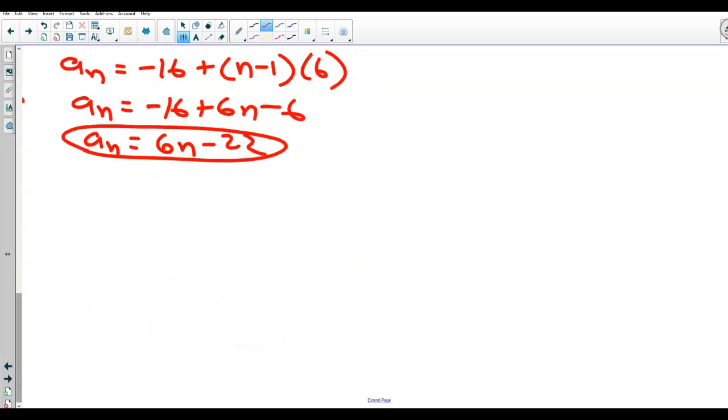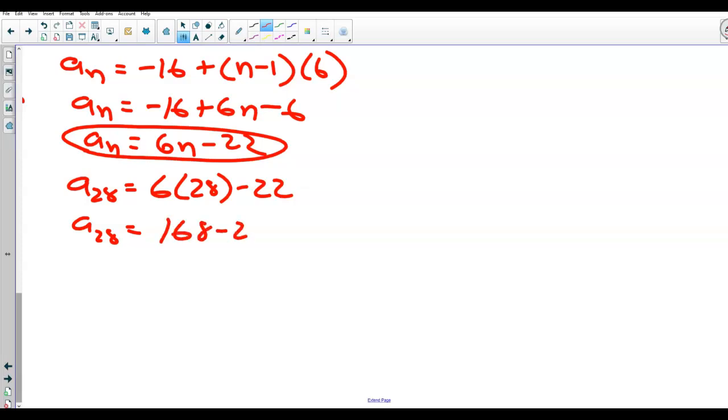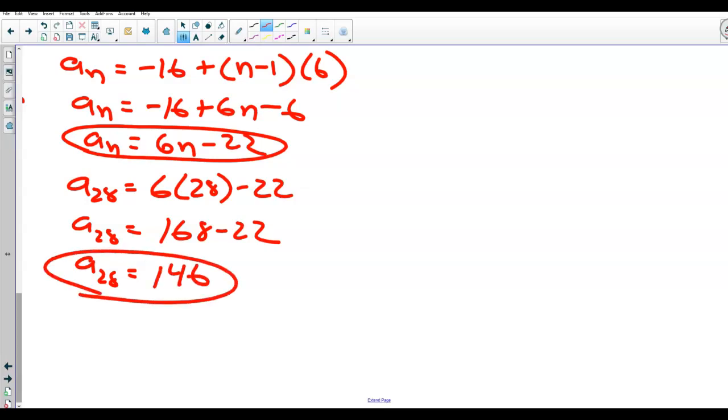And then a28 equals 6 times 28 minus 22. So 6 times 28 is, if I'm not mistaken, 168. But I do want to check it. Yeah, 168 minus 22. And we end up with 146. And that's our answer.